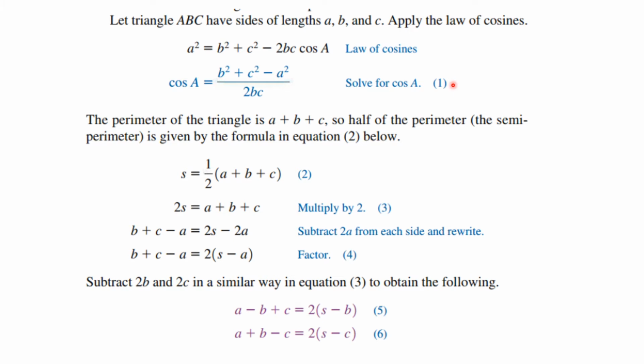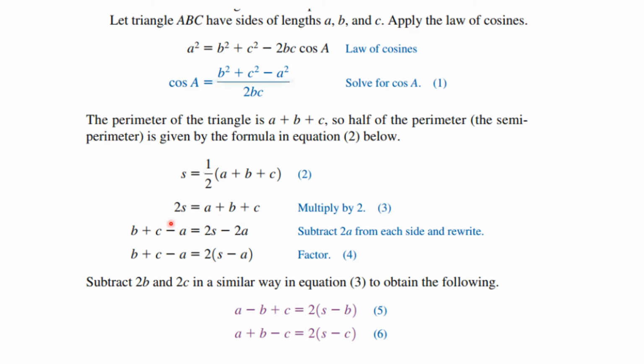So pause here for a moment, and then we will talk about the perimeter of the triangle, which is given by a plus b plus c. So half of the perimeter, s, is equal to 1/2 times (a plus b plus c). We're calling this equation 2. If we multiply both sides by 2, we get 2s equals a plus b plus c. Now we can subtract 2a from both sides.